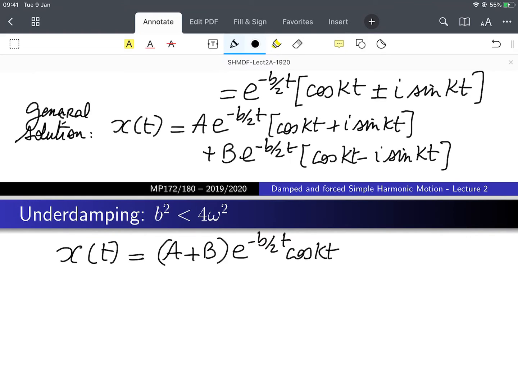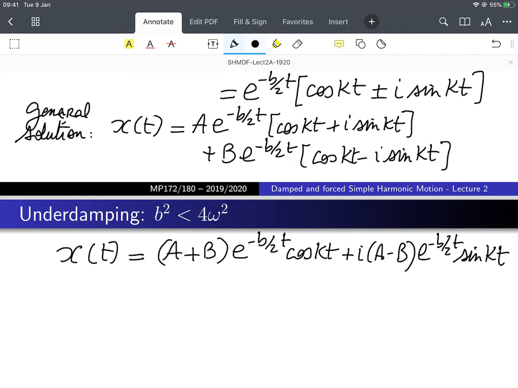And then I can regroup the terms in sine. I can put the i in front. Now it's going to be i times A minus B, exponential of minus b over 2 t, sine kappa t.